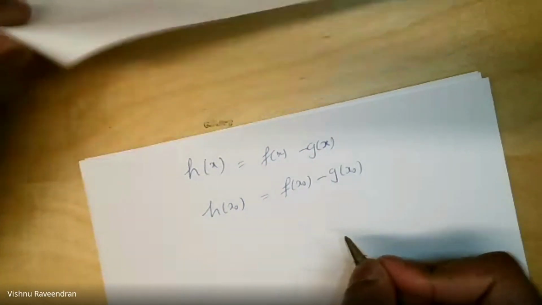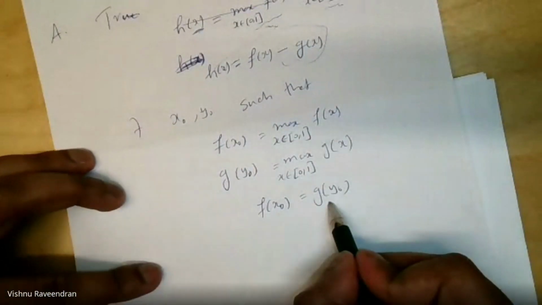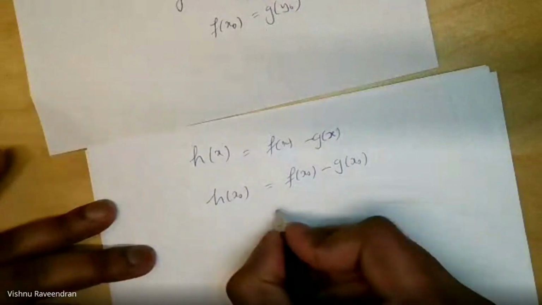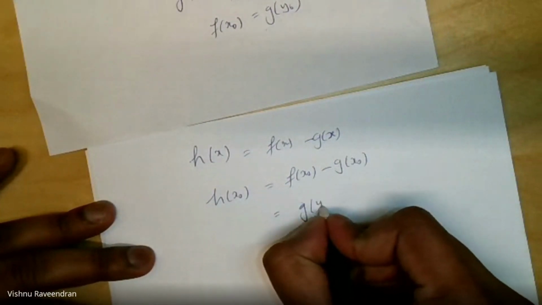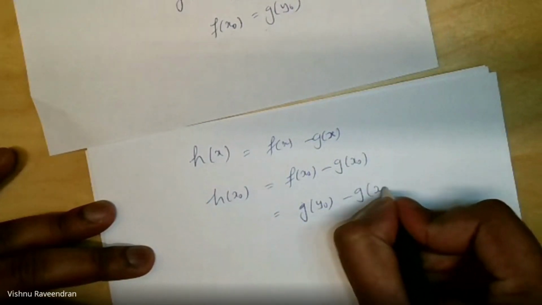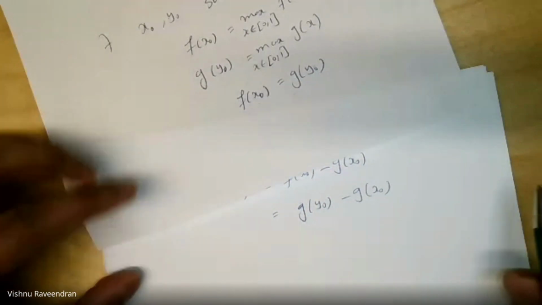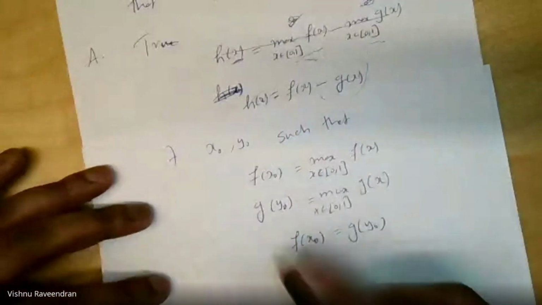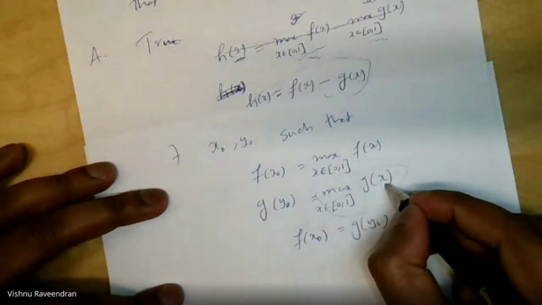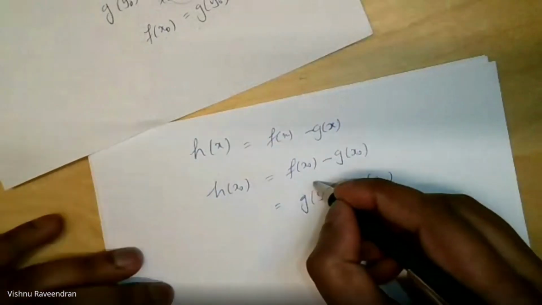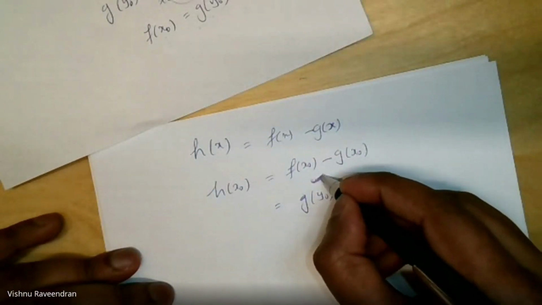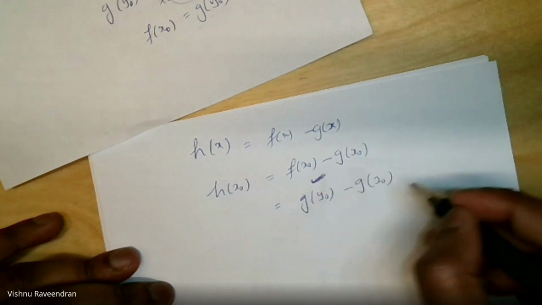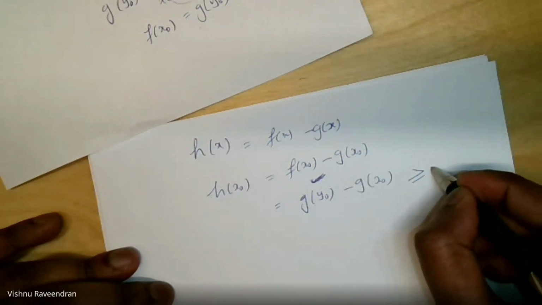And we know f of x naught is nothing but g of y naught from the condition. So it will be g of y naught minus g of x naught. And g of y naught is the maximum of g of x, so this is the bigger number here. So this will be greater than or equal to 0.